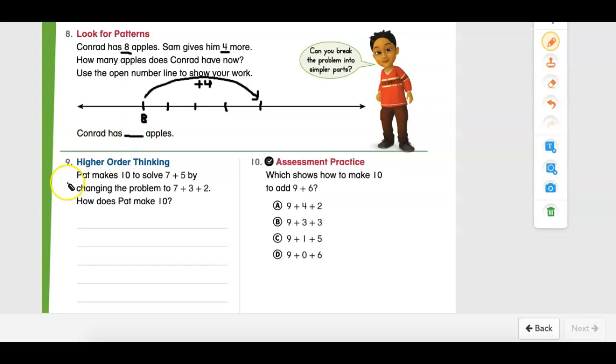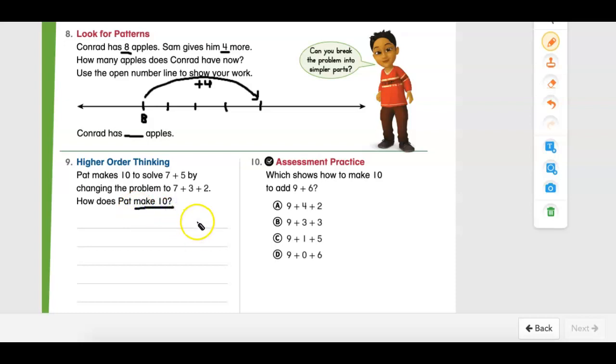On number 9, it says Pat makes 10 to solve 7 plus 5 by changing the problem to 7 plus 3 plus 2. How does Pat make 10? So what I want you to do for number 9 is just write one equation for me to show what two numbers Pat would have to add together to make 10.